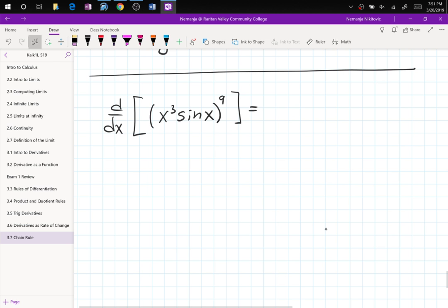All right, let's see. Do we all see the product? Yeah, it's within the 9th power, right? So this could be a product within the chain.